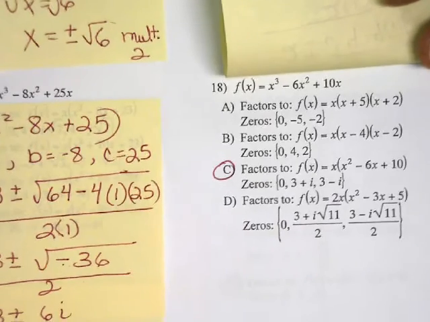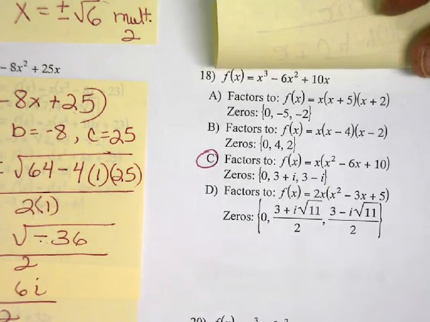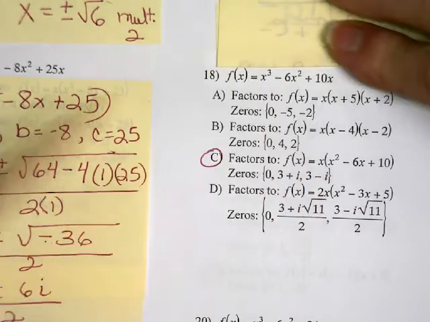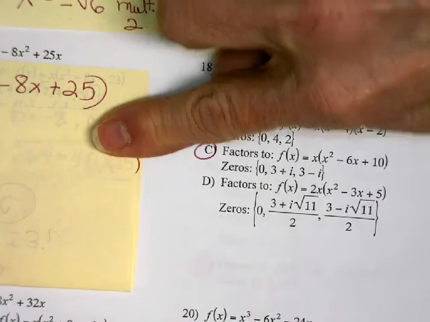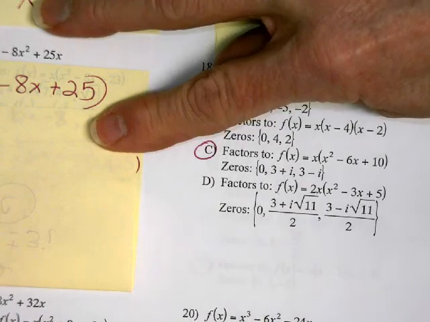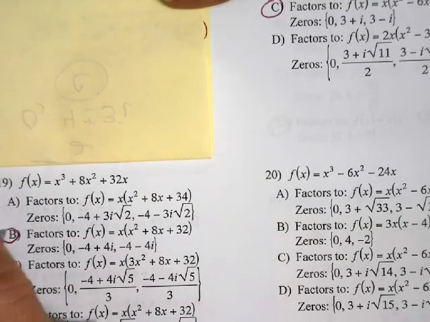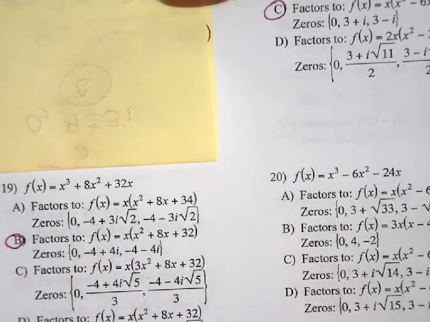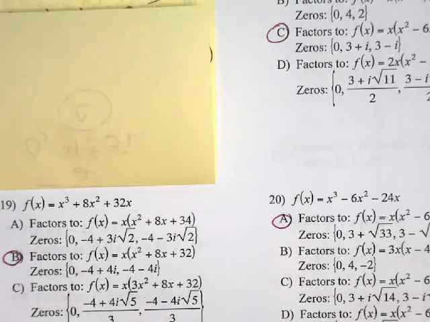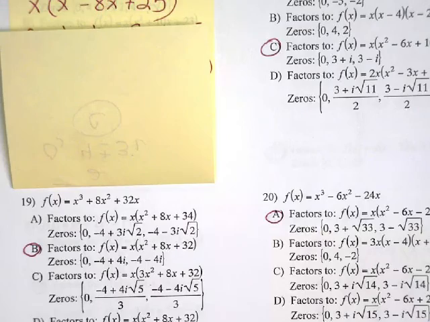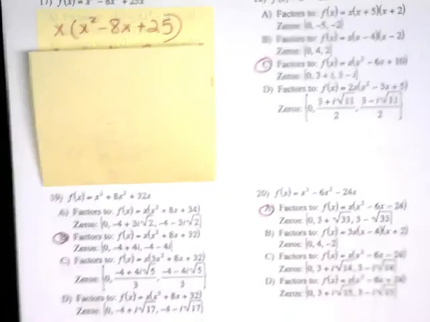All right, number 18. 18 is C. Oh, you can't see it. Sorry. 18 is C. 19 is B. And 20 is A. So practice on those three on your own to see if you can get those answers.